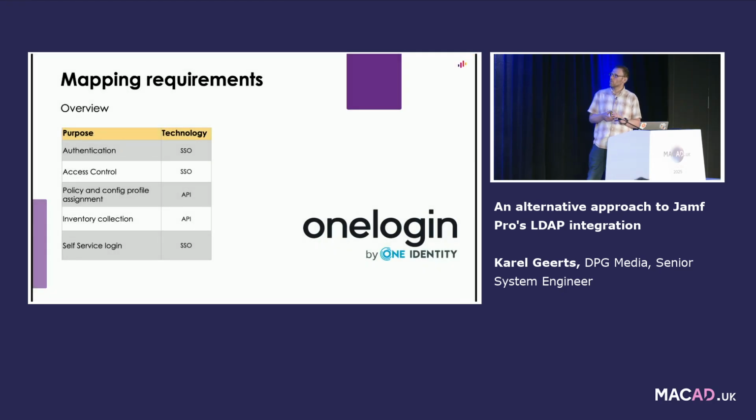So when we look at the mapping requirements, again the same list as before, we have 5 parts, and 3 of them we can tackle with the SSO technology. 2 of them we can tackle with the API of OneLogin.